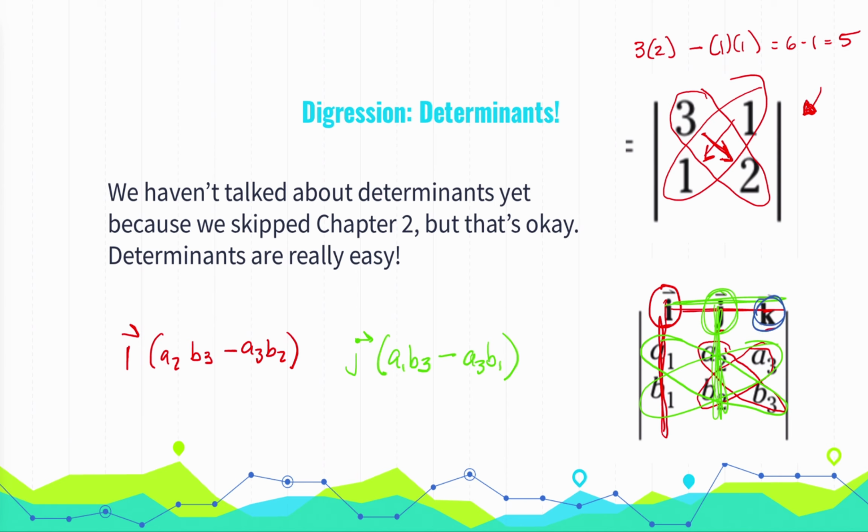And then you take k, and you cross out the top row, and you cross out this column, and you do the determinant of what's left. A1, B2, minus A2, B1. And then you subtract these and add that one. It's always a subtraction and then an add. Don't ask me why. I don't know. Just is.